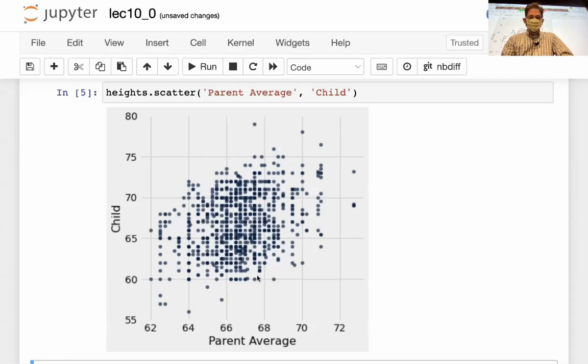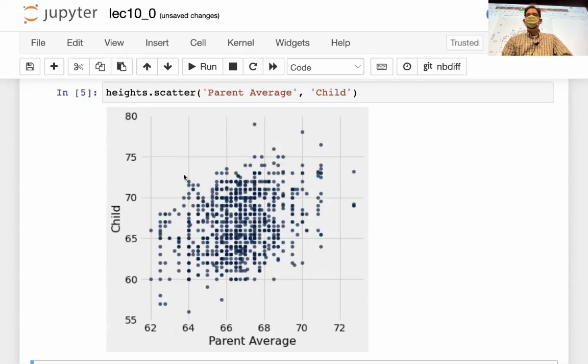It's sort of oblong. And it does seem like maybe out here in the lower average parent height range, there are slightly lower average child heights than in the high average parent height range. So perhaps there is an association here, because there's some structure to this where as you move from left to right, you also see some trend from bottom to top.